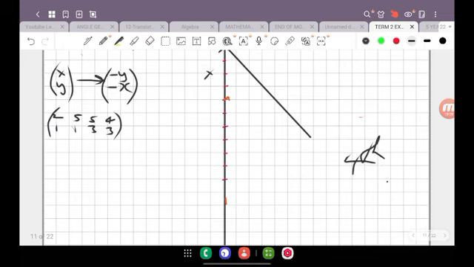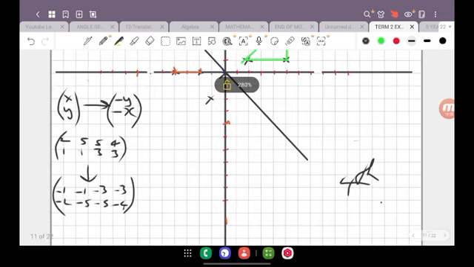We know that when these points have gone through that line, we're going to get -1, -2, -1, -5, -3, -5, -3, -4. So now we know what those answers are, and we're going to plot them again. So -1, -2: that's -1 across and down -2.